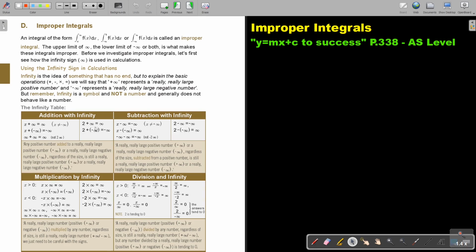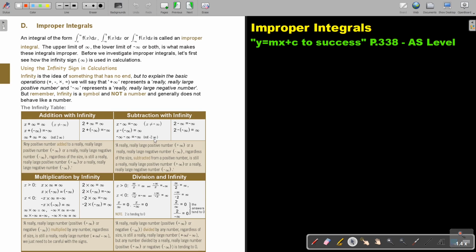Now that's for addition. Subtraction is more or less the same. So x minus infinity is now negative infinity. But if you have x minus negative infinity, then it becomes positive infinity. And x minus positive infinity stays negative infinity.